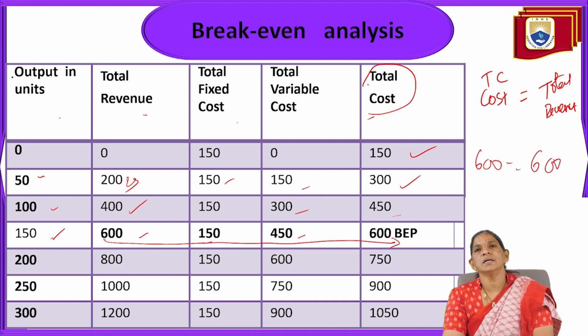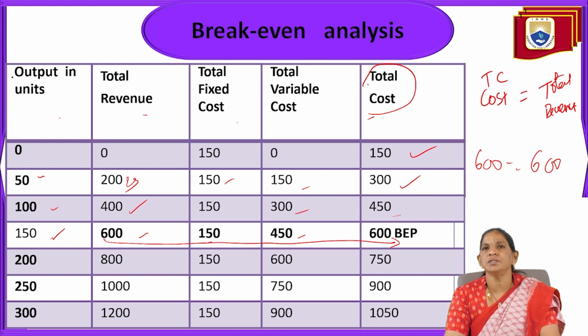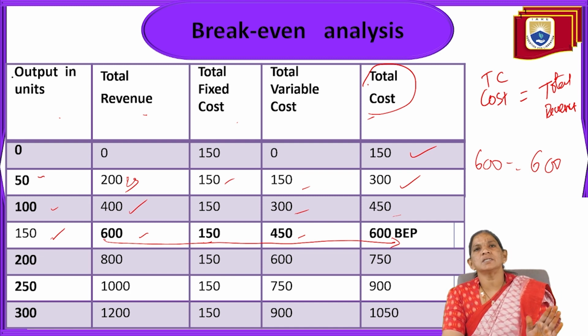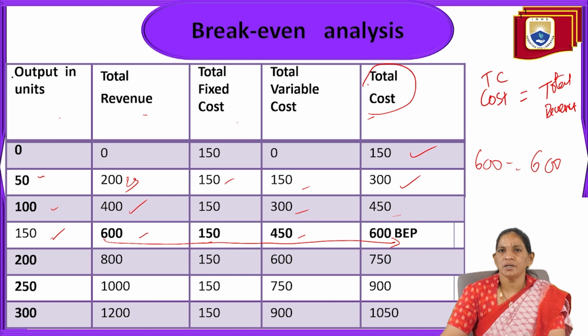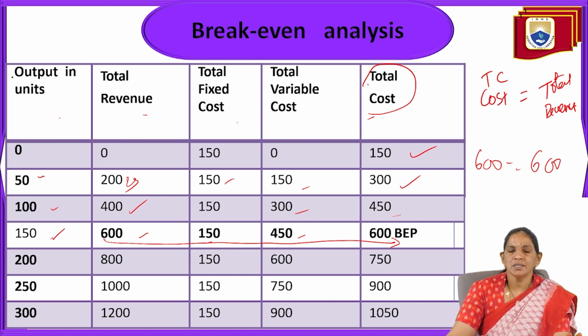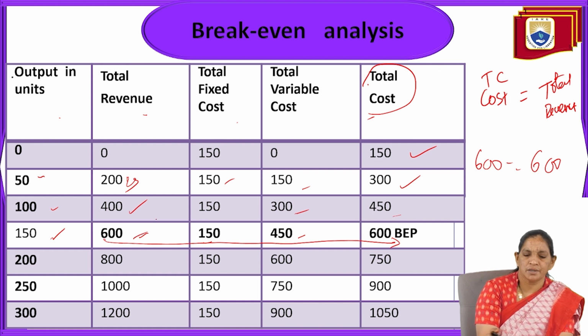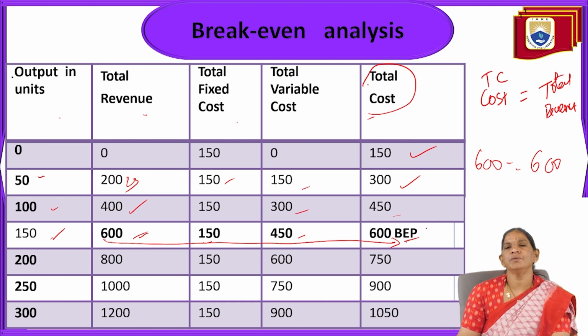Then this is the BEP point. It means at this stage, the organization has reached the point where it is covering the total cost of production. If I produce 150 units and sell in the market for 600, the total cost involved in producing 150 units is 600.